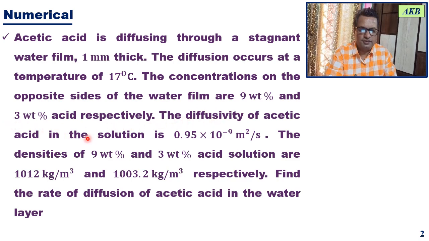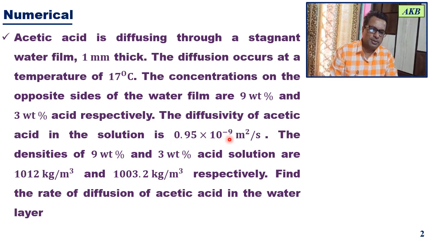Then the diffusivity of acetic acid in the solution is given to us. It is 0.95 into 10 to the power minus 9 meters square per second. And then the densities of the two solutions, that is 9 weight% acid solution and 3 weight% acid solution, are also given.